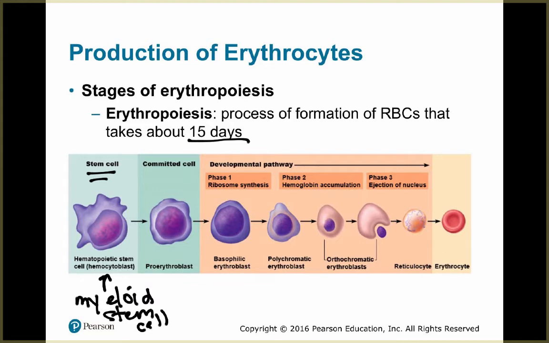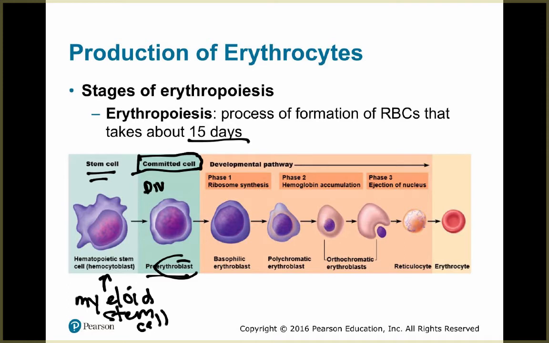And then once we have this myeloid stem cell, it's going to transform itself into a proerythroblast. And at this point, it becomes a committed cell. You can see it says erythroblast, blast being these birth cells or these beginning cells, right? Now, these guys are going to divide a lot.